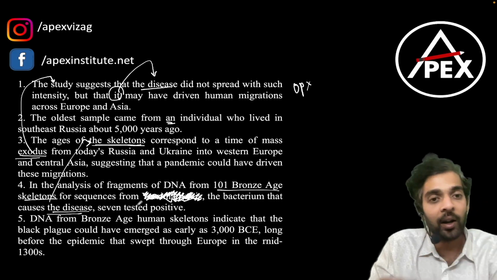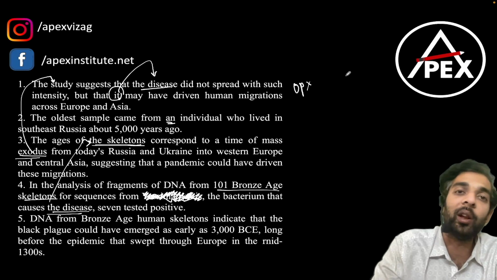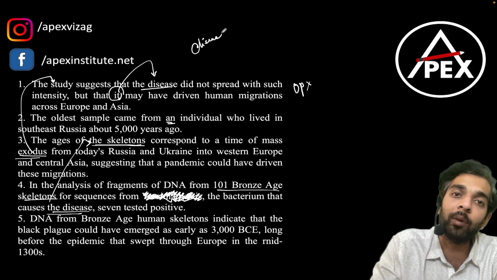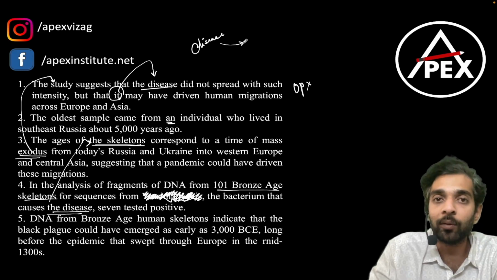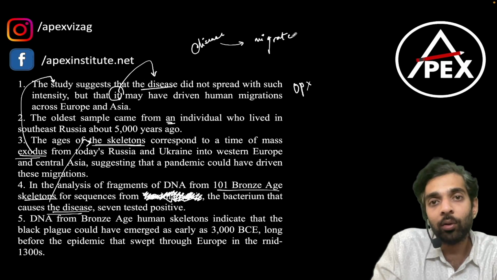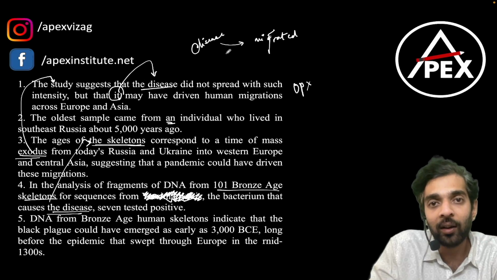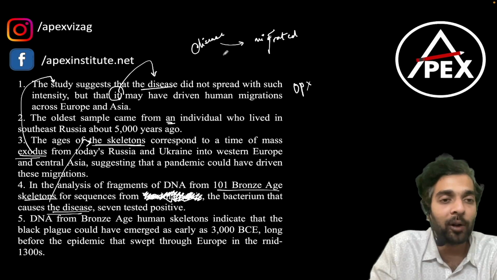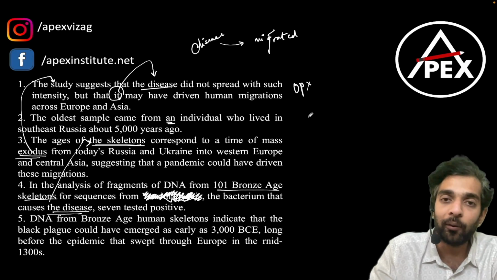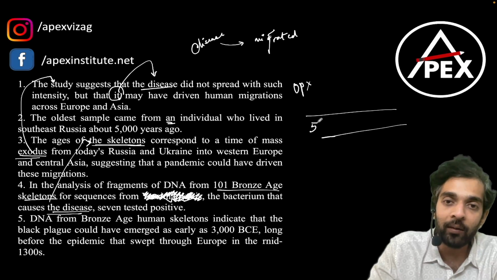One thing that we understand is that the whole story is about some disease, because of which people migrated. Correct? So the moment we understand it like that, things become simpler. So the opening statement for us would be 5.